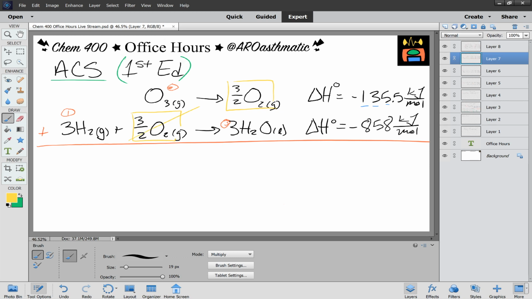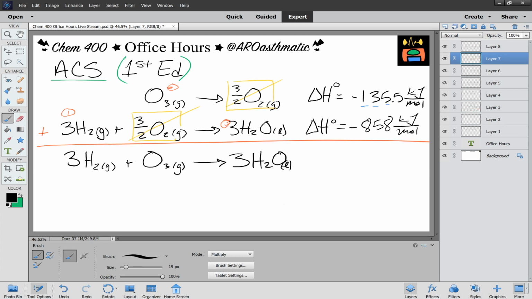So these two cancel each other, leaving us with a reaction where 3 moles, oops, not of H3 gas, 3 moles of H2 gas react with 1 mole of ozone to produce 3 moles of liquid water.